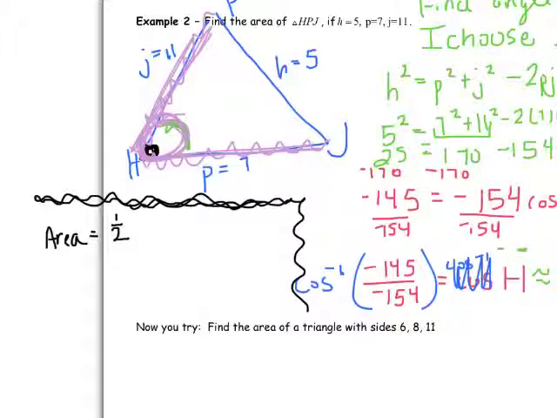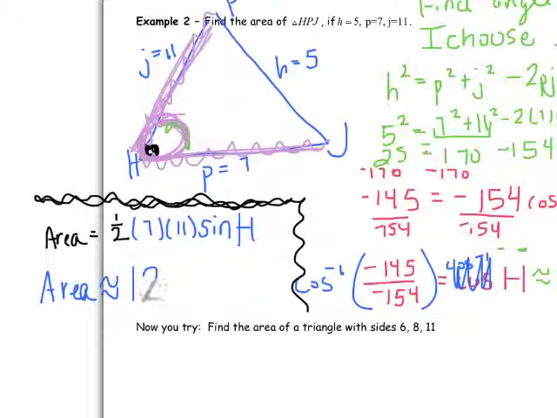So I have to use 7 and 11, and then sine of h. So area is approximately 12.969.